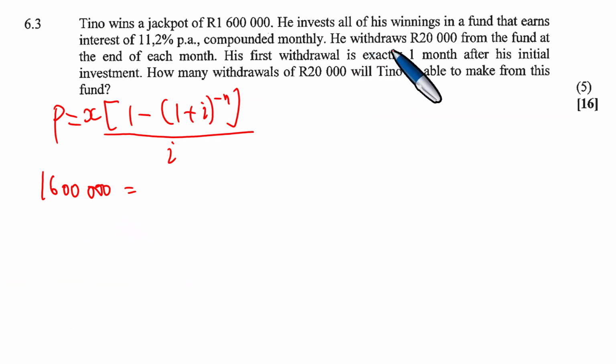Now, he invests all of his winnings in a fund that earns interest of 11.2% per annum compounded monthly, but he withdraws 20,000. So these are sort of the withdrawals. 20,000.